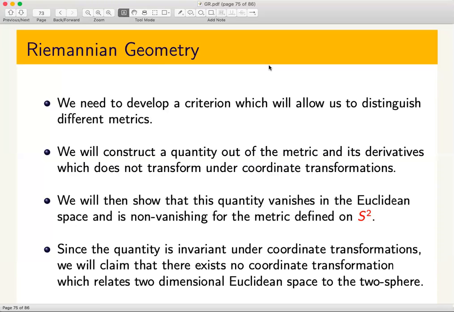Yes, that is one thing, but the reason why we want to do that is because it is the metric which determines the geometry of the space which is described by the metric, right?